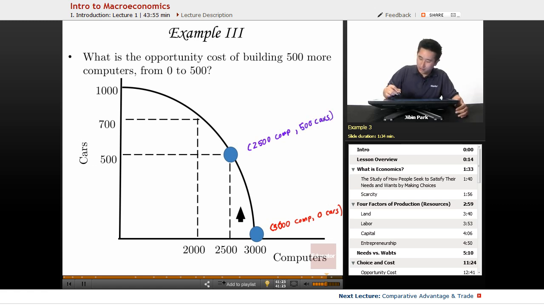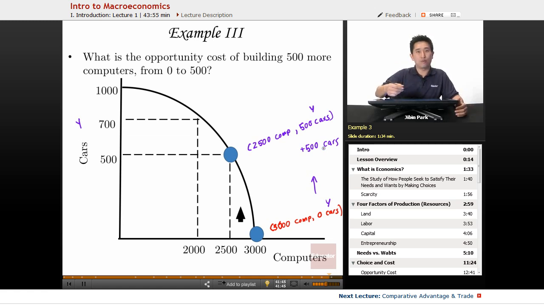The only difference here is now you're looking at the perspective of cars, so you're looking at the Y value, the cars, Y value. Now, when you're going from 0 to 500, you add 500 cars, but now again, the idea of opportunity cost, you give something up. You choose to produce more cars, but what was the cost? Again, there's no monetary cost depicted here.